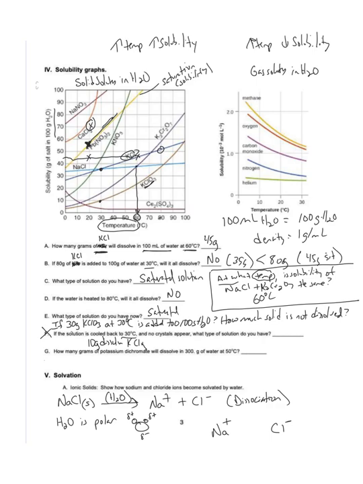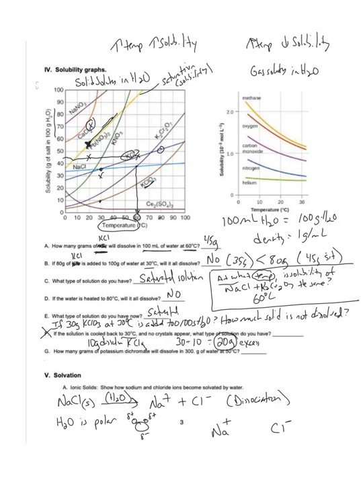We have 100 grams of water, so it matches perfectly, but it's 30 grams. 30 grams is up here, but we can only dissolve 10. So if we subtract, we get 20 grams of excess, and that will be the amount of solid that will not dissolve. So the answer is 20 grams.